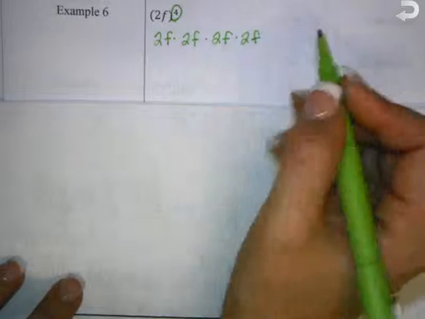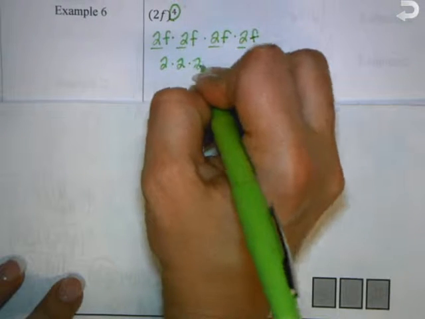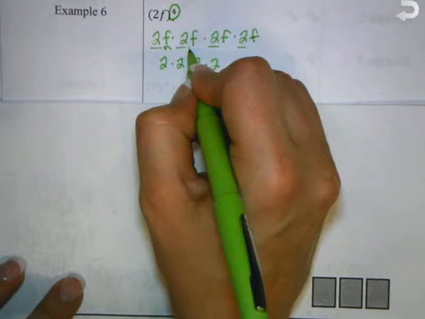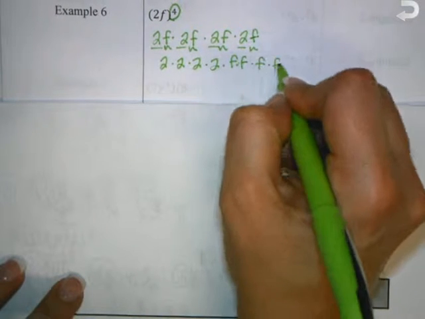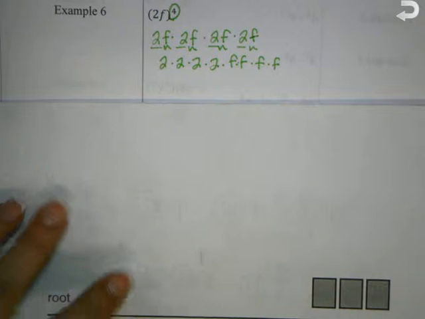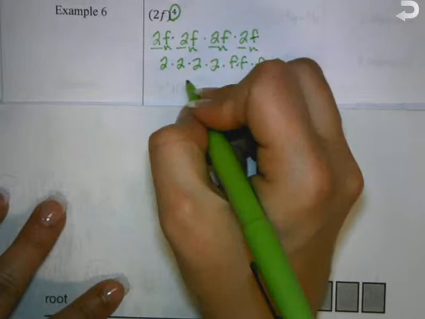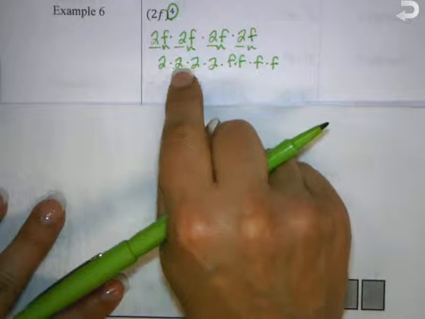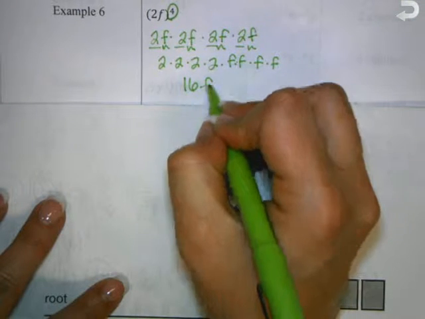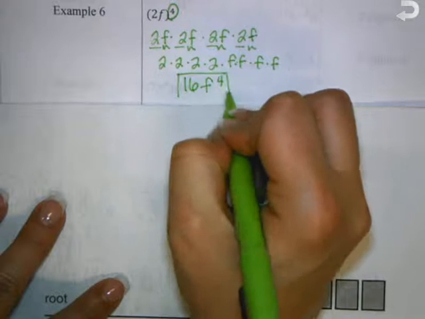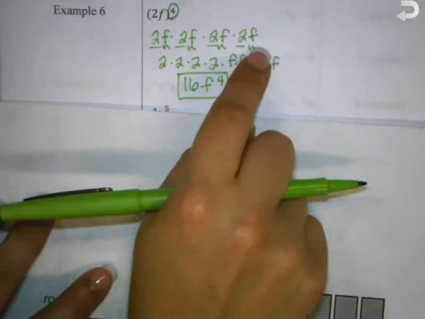So that's 2 times 2 times 2 times 2, and all of my f's put next to each other, so times f times f times f times f. What is 2 times 2 times 2 times 2? 4 times 4 is 16. F to the 1, 2, 3, 4. Good. So that's why we expanded it out and then rearranged it, so all of our terms that are the same are next to each other.